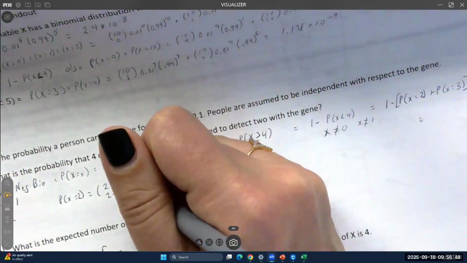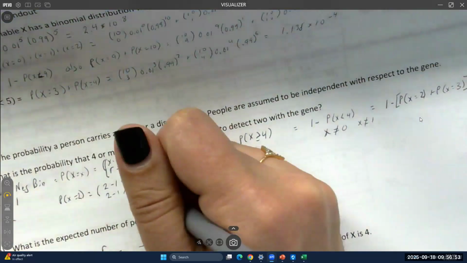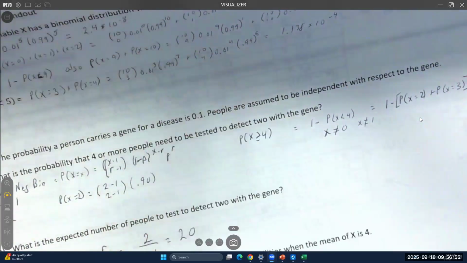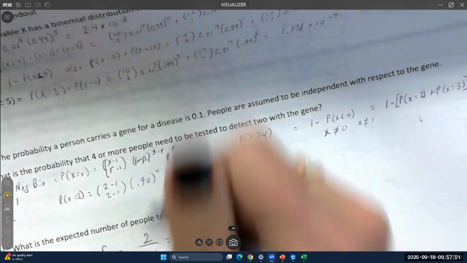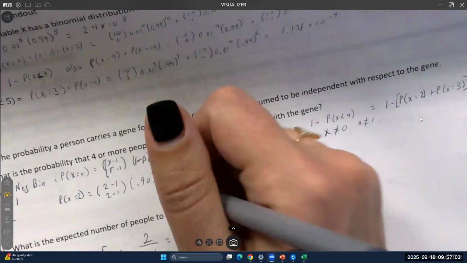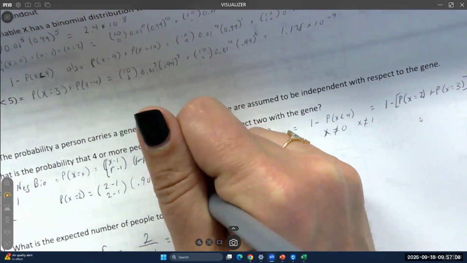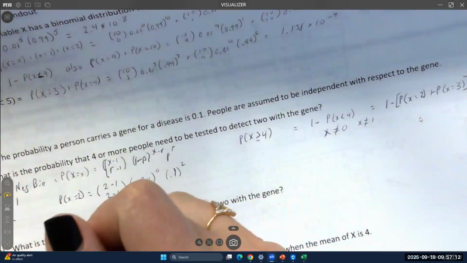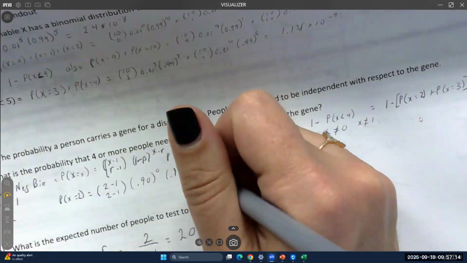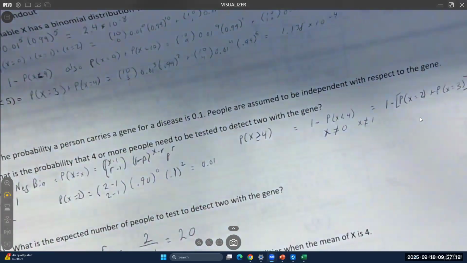And then my 1 minus P is 0.90 to my X minus R. So I have 2 minus 2, so that's to the 0th power. And then my P, 0.1 to my R, 2. And this is equal to 0.01 because all that stuff canceled out.